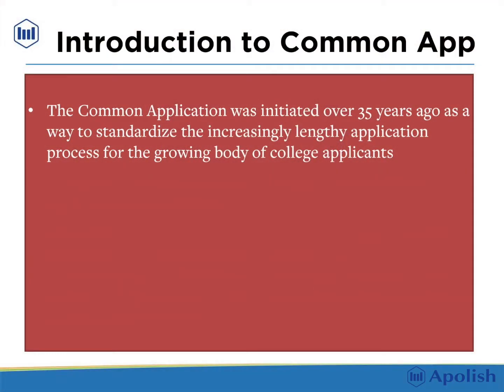So the Common Application was initiated over 35 years ago as a way to standardize the increasingly lengthy application process for the growing body of college applicants. So what that means is that 35 years ago, there was a large increase in the amount of students that wanted to go to college. And there was an increasing amount of access for students to be able to apply to different schools.